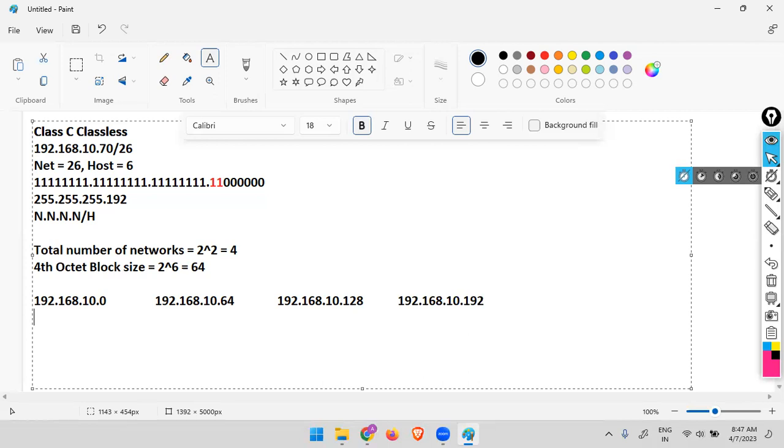Now, first valid IPs. Dot 1. This will be 65, this will be 129, and this will be 193.